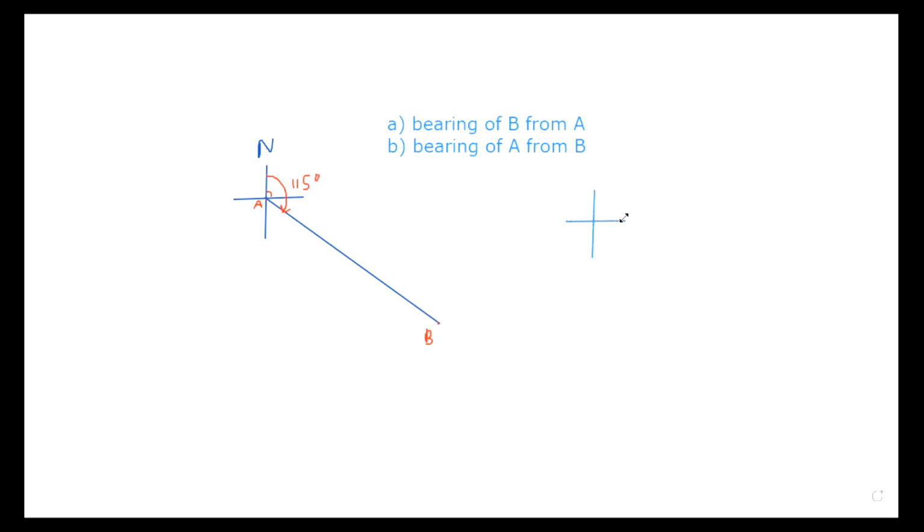Let's say we have our crosshairs there and put our north. Okay, so we're extending our line. Okay, so we have our B. Change that to A. Now I want to see how you handle this, guys, because this is in your assignment.